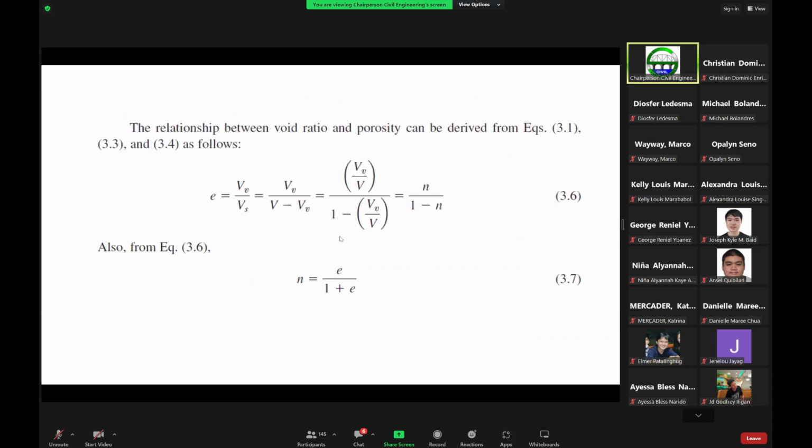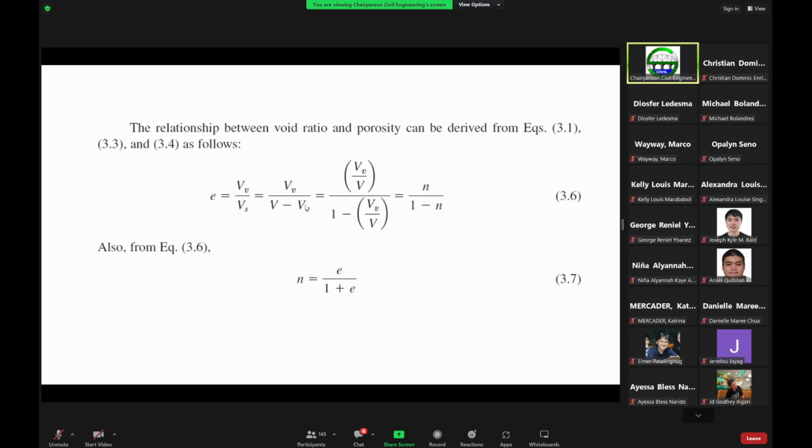So if you look at this one here, again, the void ratio is equal to the volume of voids over the volume of solids, but the volume of solids is equal to the total volume minus the volume of voids. Okay. Because the total volume is equal to the volume of voids plus the volume of solids.